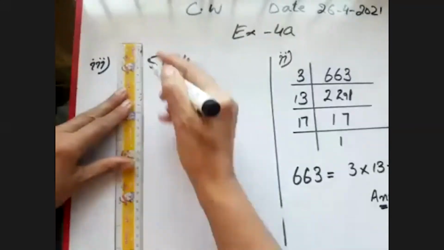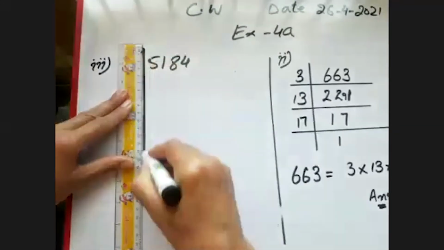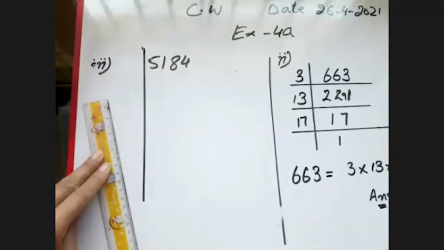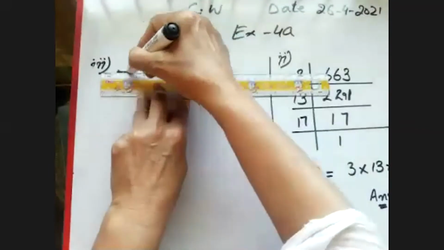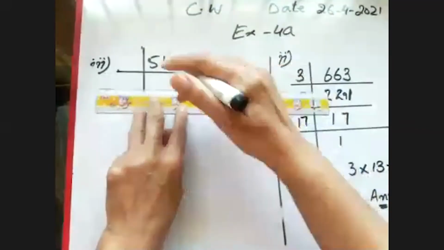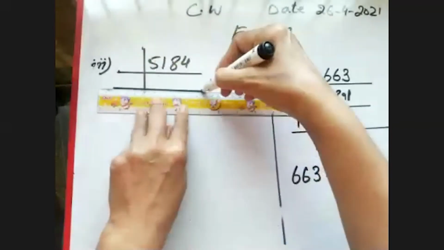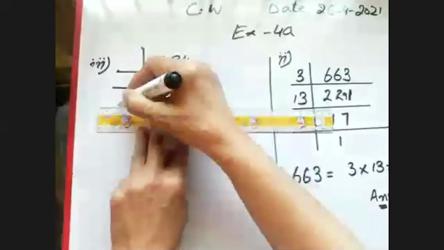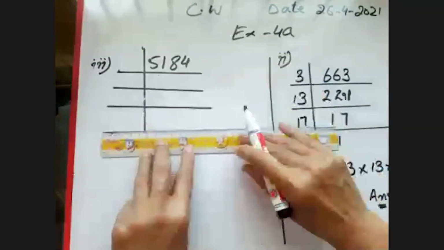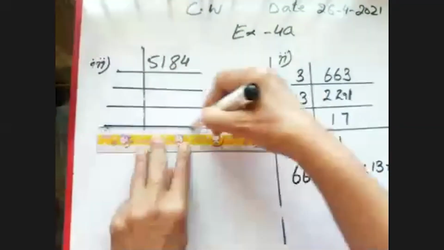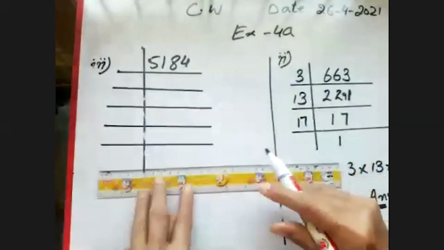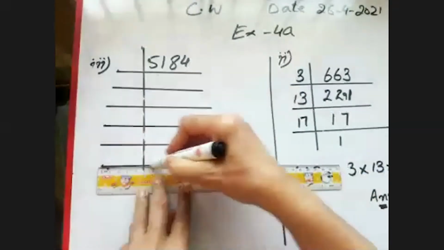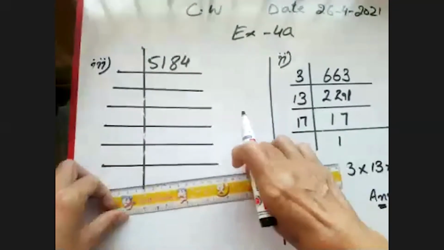So you have to factorize to find out all the prime factors of this number, which can divide the number. And when you multiply all the prime factors, you get the same product, 5184.